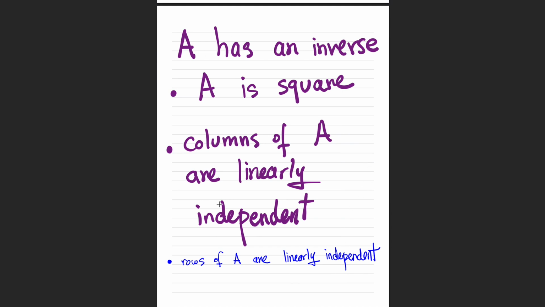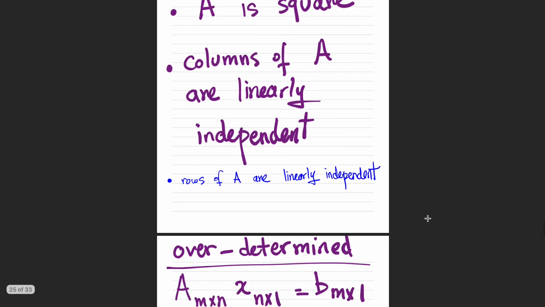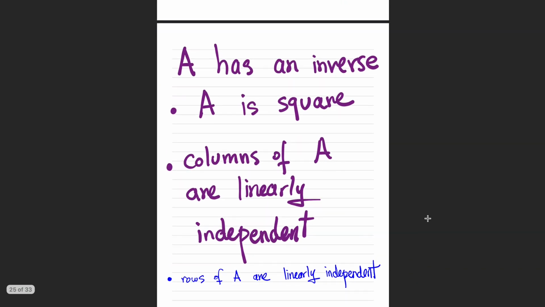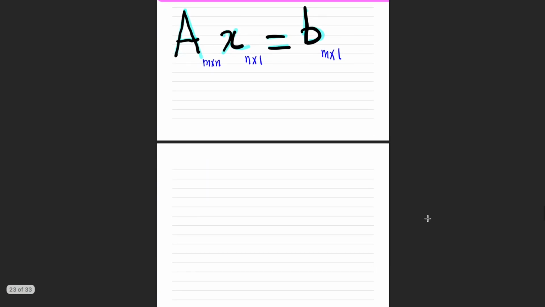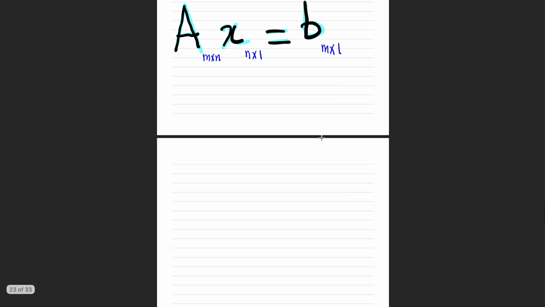But essentially, A has an inverse if these two are satisfied. So A has to be square and the columns need to be linearly independent. And if that's the case, then this equation for sure has a solution, and it's only one solution.